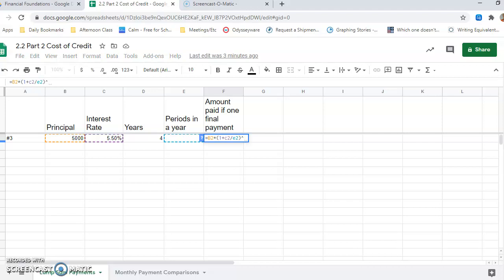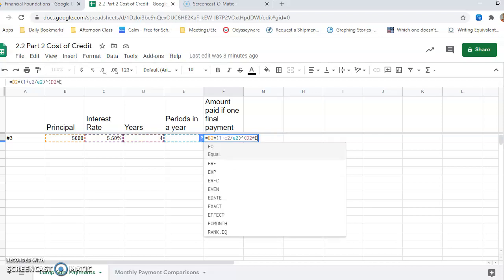That little caret with shift and 6 is my exponent. In the exponent, I would have to use parentheses again because I need to do D2 times E2, the number of years times the periods in a year. And then close up the parentheses.